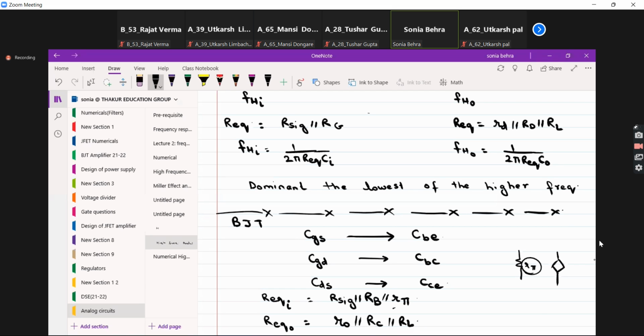Okay, that is the only change in your BJT. Clear?